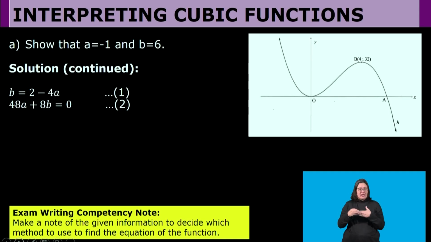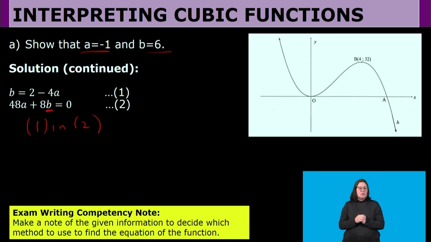We've got a guide. We know we've got to show that a is -1 and b is 6. This is excellent when they give us this information, because I know already that if I don't get to these answers, then I've made a mistake somewhere and I need to go back and check. So I'm going to substitute equation 1 into equation 2.